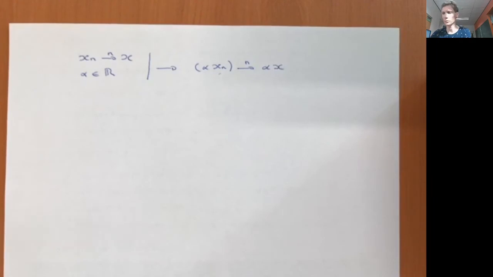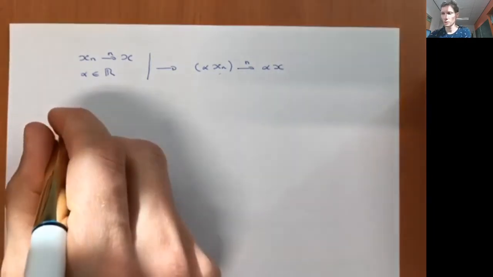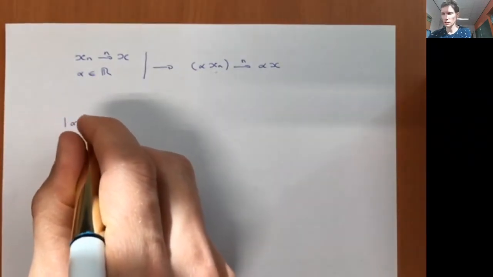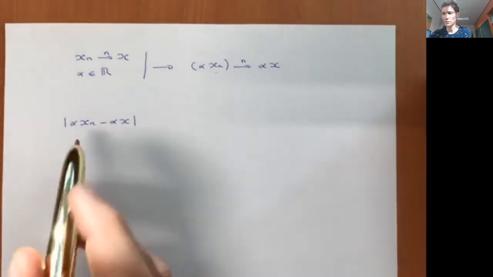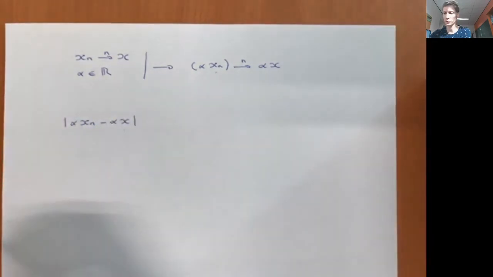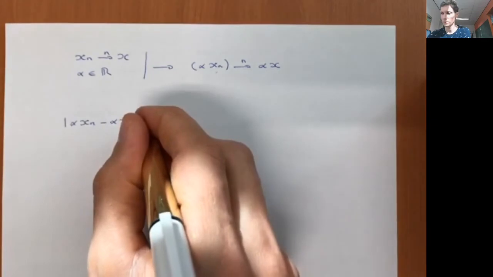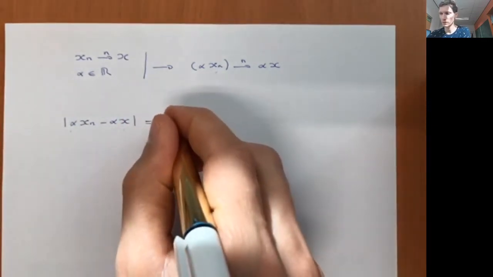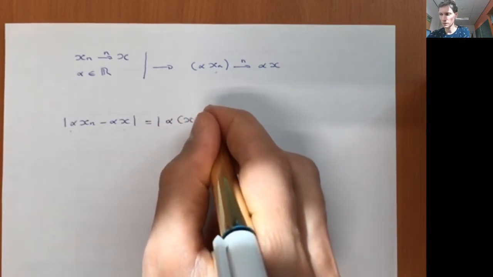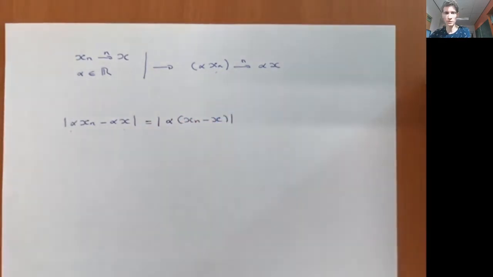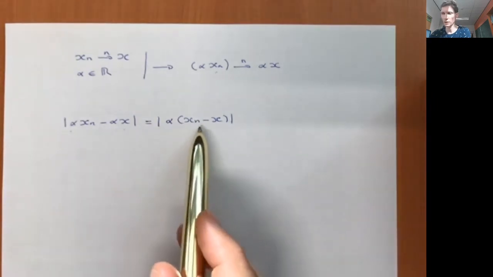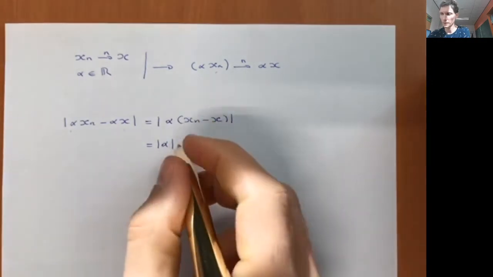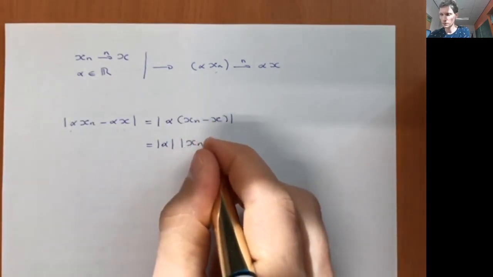And again, we're going to use the convergence lemma. In order to show this, we would like to show that the sequence alpha xn minus alpha x converges to 0. So what we can do is take the alphas together. So we have the absolute value of alpha times xn minus x. And now we have the absolute value of a product. So we can write this as the absolute value of alpha times the absolute value of xn minus x.